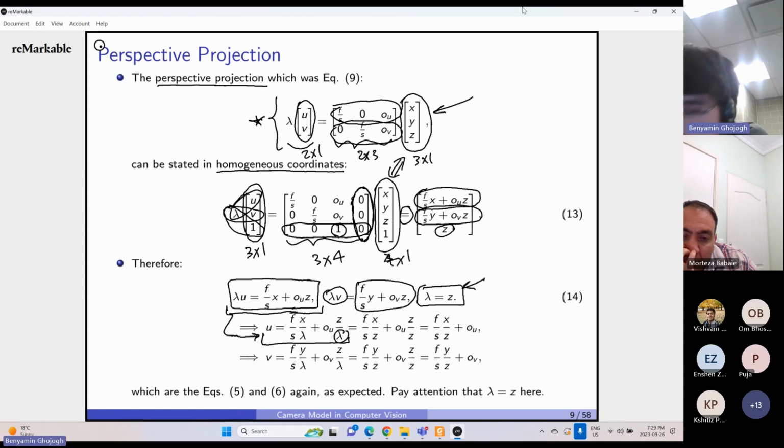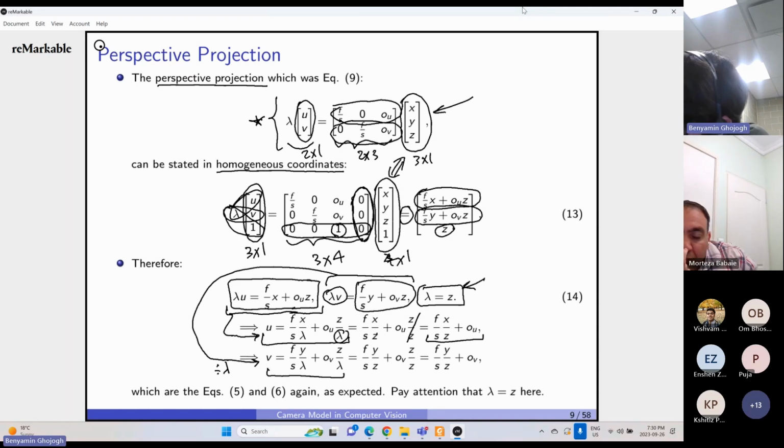Now I know that lambda equals z, so I replace lambda with z. Agreed? These two cancel each other, become 1, so I will get this. Likewise, consider this equation, divide the sides by lambda. You will get this. According to this equation, lambda equals z, so I replace lambda with z. These two are equal to each other, become 1, therefore I get this. Agreed?